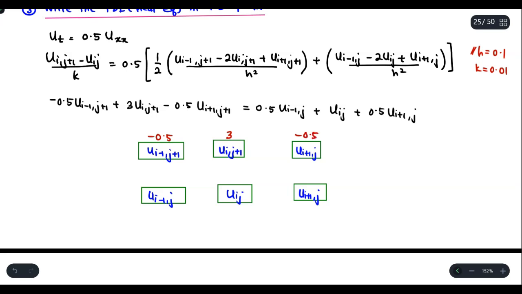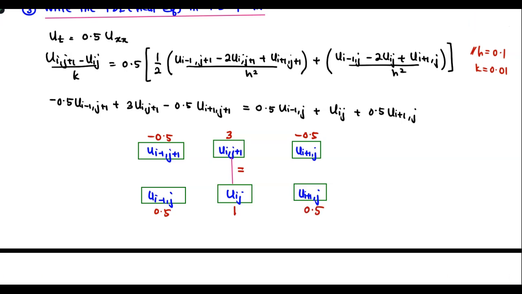Okay, so the relation is, three nodes at the left, which correspond to the upper part of this molecule diagram, is equal to, okay, 0.5 times u_{i-1}, or I can put it at the bottom. So 0.5 here, the coefficient of u_{i-1,j}, and this is 1, and this is also 0.5.